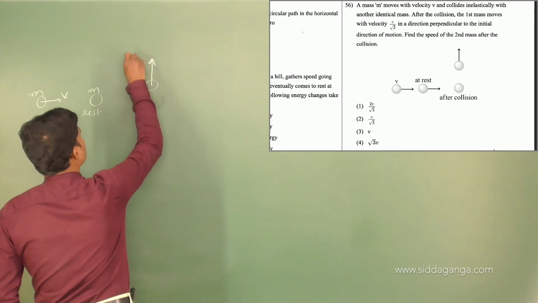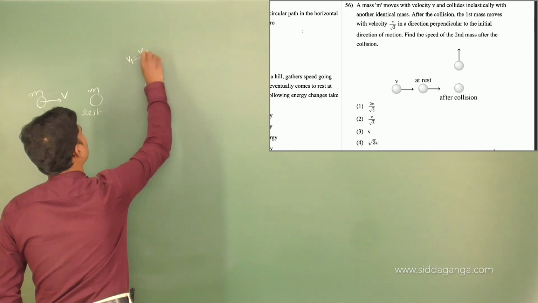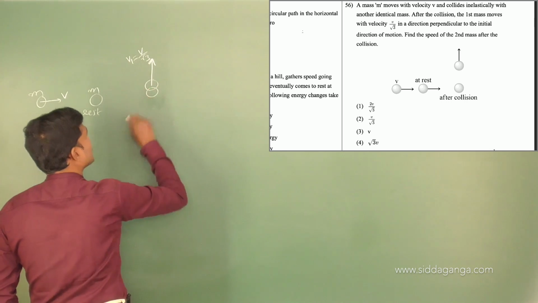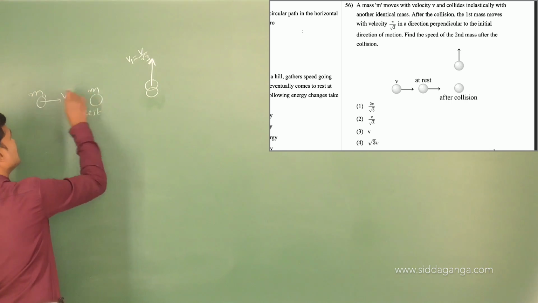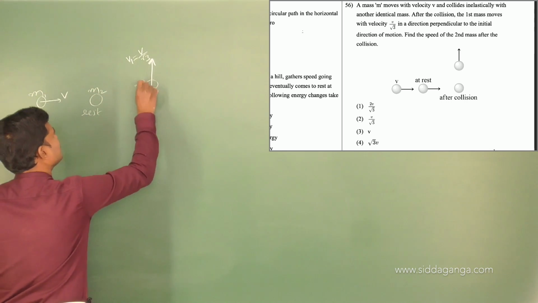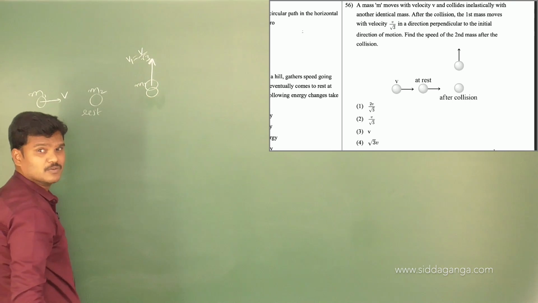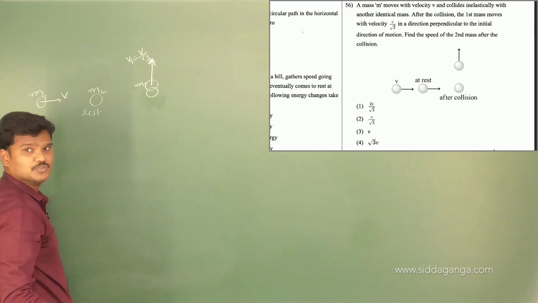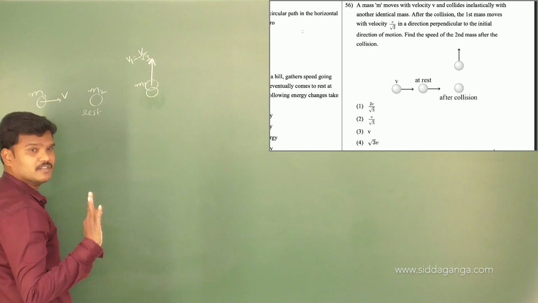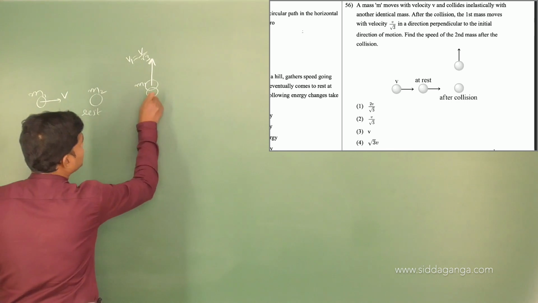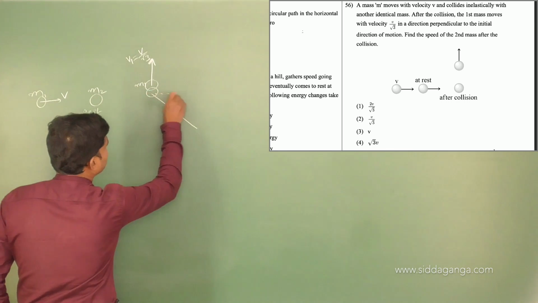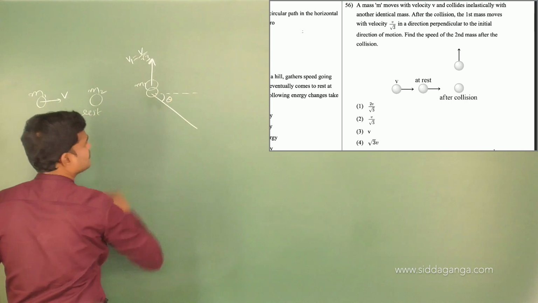Let us suppose the first one moves with v by root 3 and we don't know the second one. This is m1, this is m2, and both are identical. Let us suppose the second moves with some angle theta.